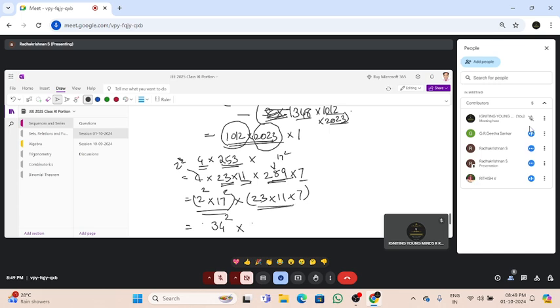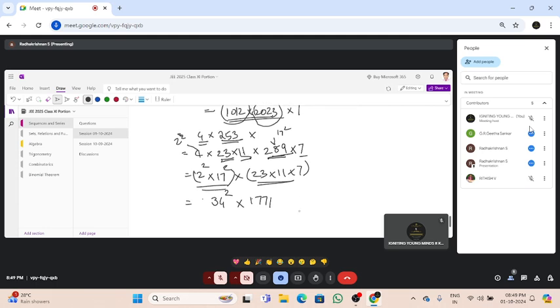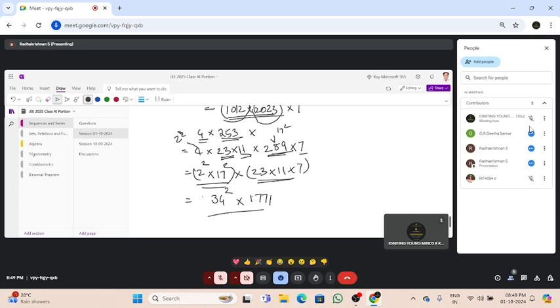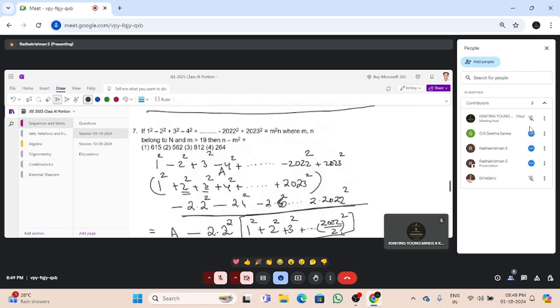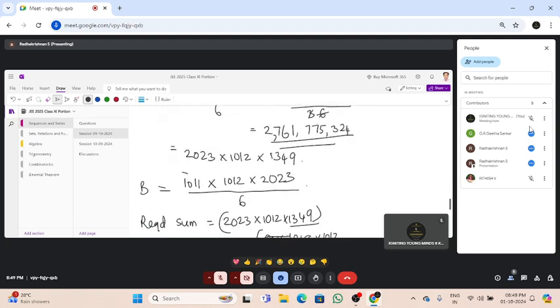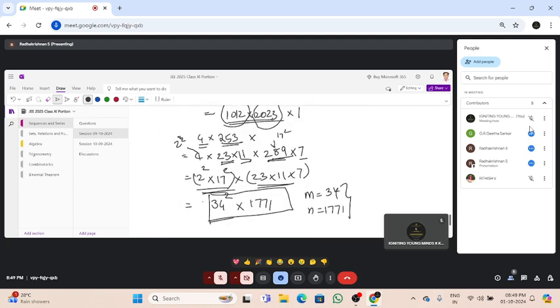What does it come to? 1771. 1771. So this is the form in which they require. 34 square into 1771. So m equal to 34, n equal to 1771. So what are they asking? n minus m square. We have to calculate n minus m square. 615. Okay, very good, very good.